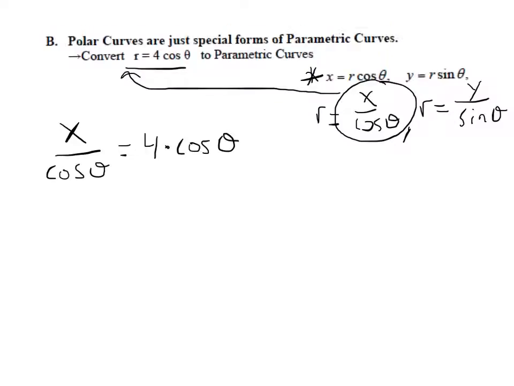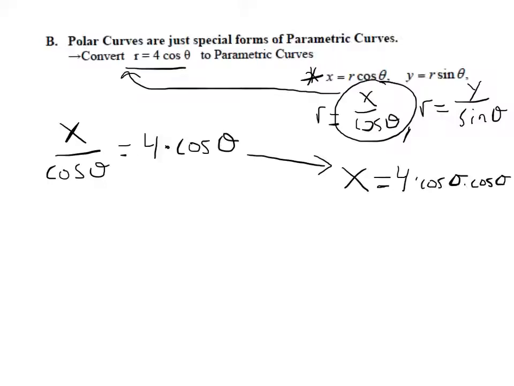Then I want to solve for x, so I multiply both sides by cosine. I get x equals 4 times cosine of theta times another cosine of theta. And that's my equation for x.